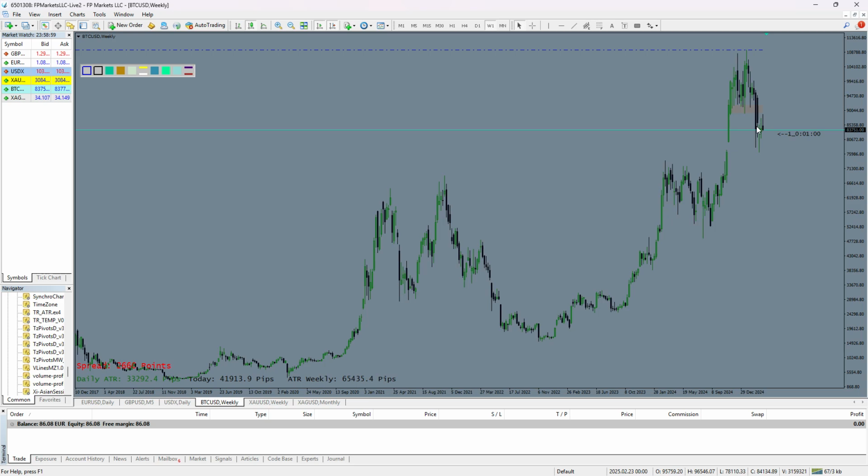Well, I would say that I prefer to see at least this low taken out. And why is that? Because I'm looking for the order block that is responsible for taking out this high here. Those people that have purchased Bitcoin here are in profit to the neck.